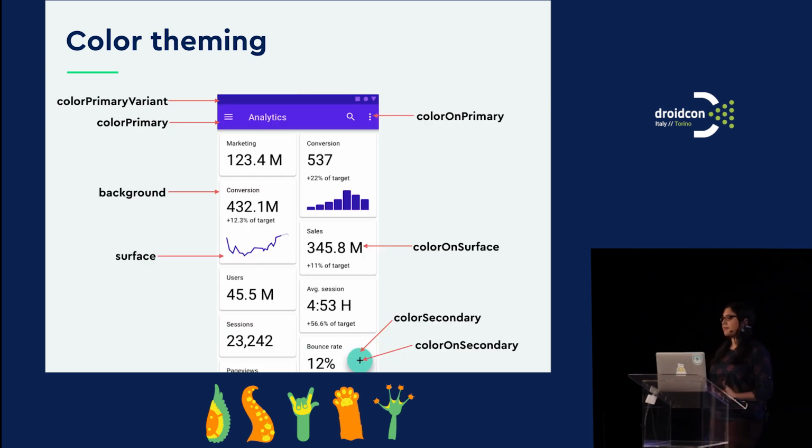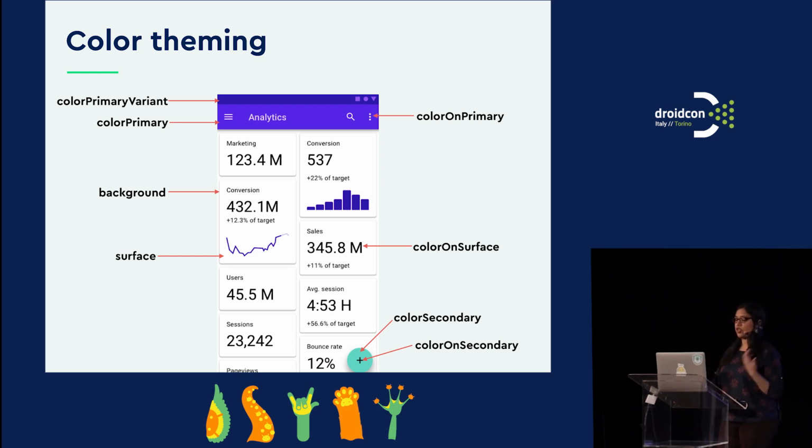To understand that, let's take a look at an activity that is styled by the base Material Components theme. So nothing is customized here. And we're going to go over the attributes one by one. So one of the new attributes is the colorPrimaryVariant, which is similar to the colorPrimaryDark on the previous theme.